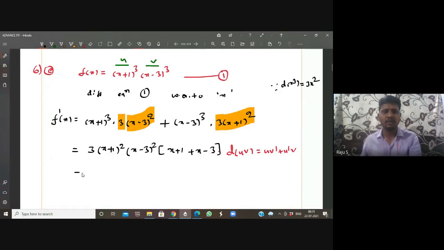So this is equal to 3 times x plus 1 whole square and x minus 3 whole square, remaining value 2x minus 2. This is f dash of x. First one is completed.